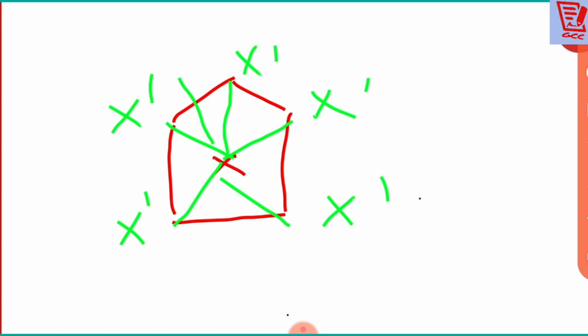Okay, then after that one X dash is here, one X dash is here. And this is called the pentagonal bipyramidal structure. Is that clear to all of you? This is the structure for X dash 7.